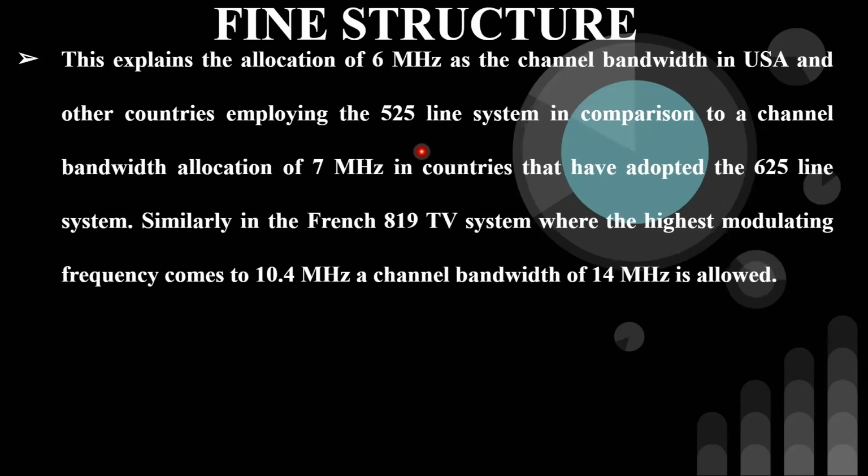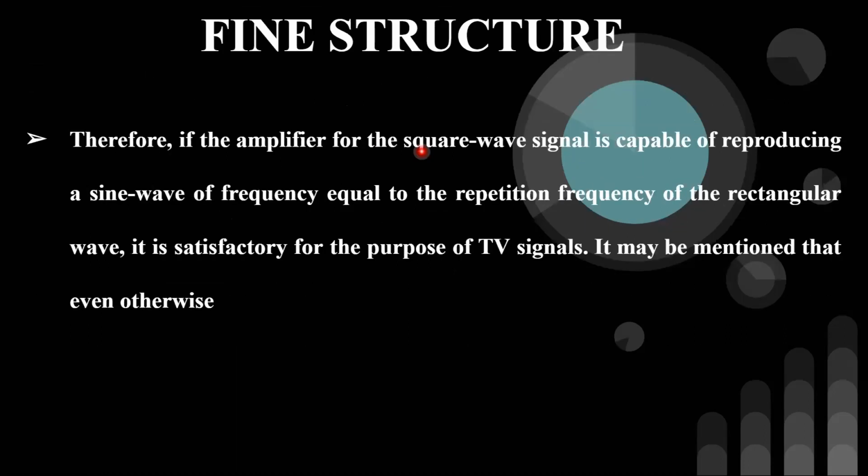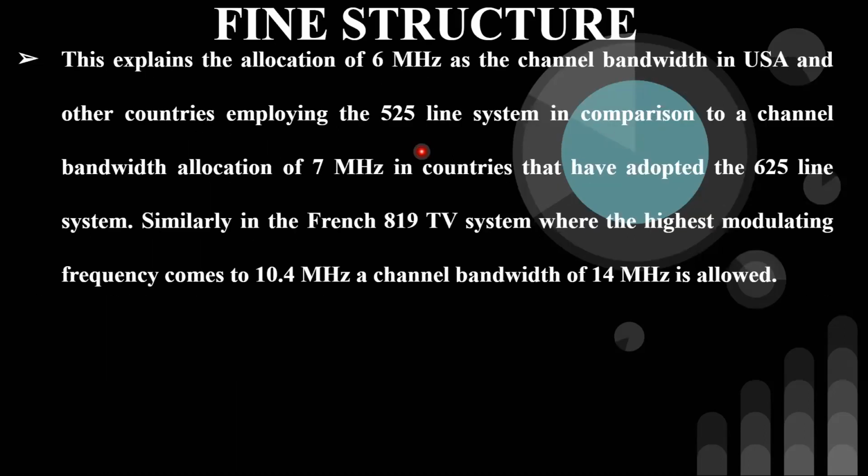The highest modulating frequency comes to 4 megahertz. Therefore, this explains the allocation of 6 megahertz channel width in that particular system.